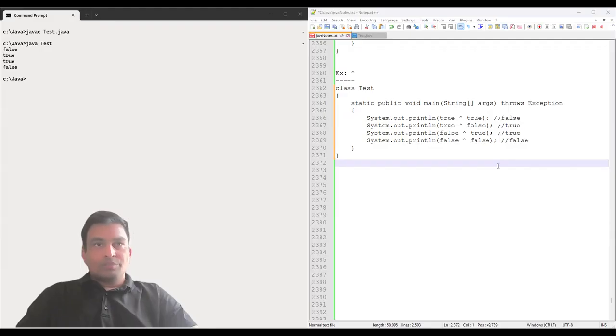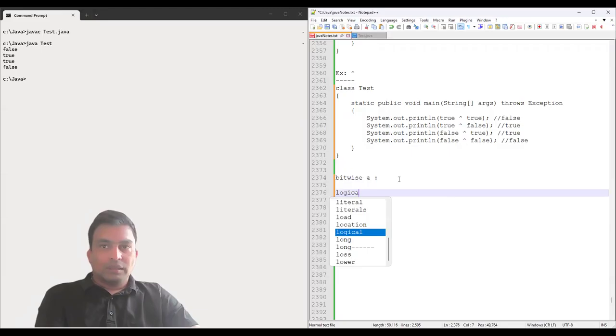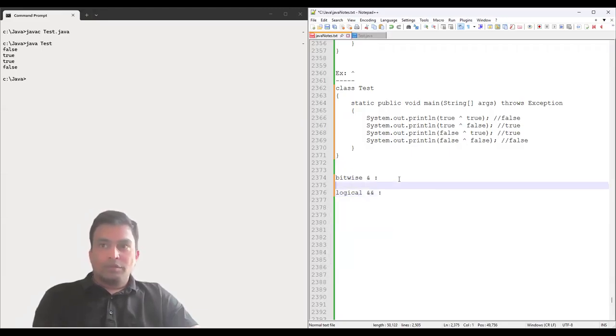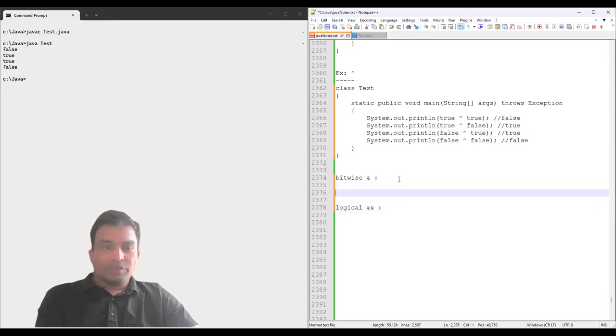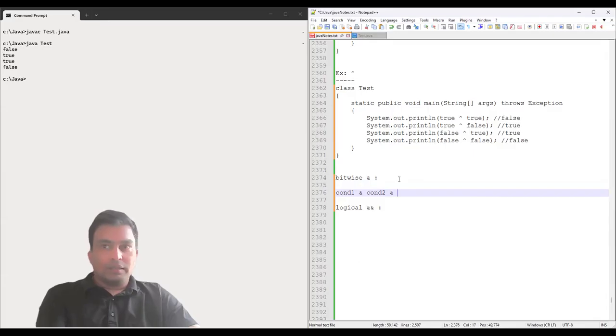So now what's the difference between bitwise and logical AND? For bitwise, say for example, we have condition 1 and condition 2 and condition 3. Then bitwise evaluates all the conditions.